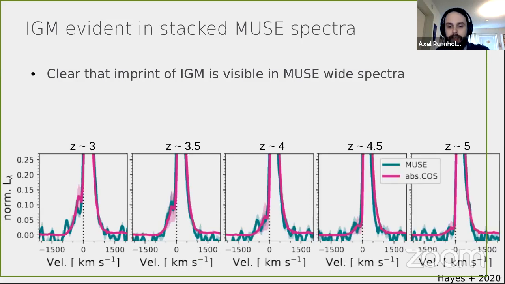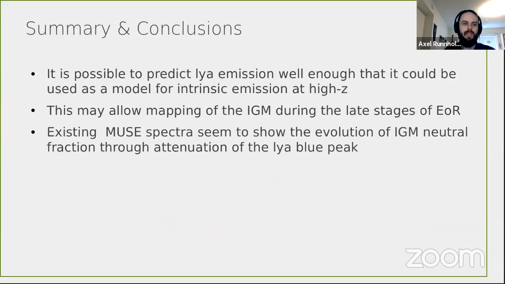And what we can see is that they overlap almost perfectly throughout this redshift range. So what we can quite clearly say is that the imprint of the IGM can be seen here, and that there doesn't seem to be any need for an evolution in the intrinsic profile, which is very interesting.